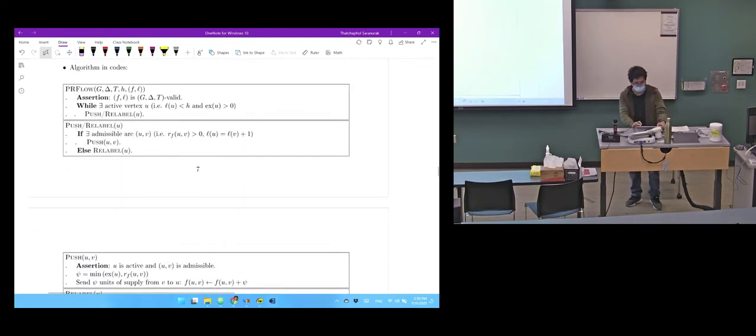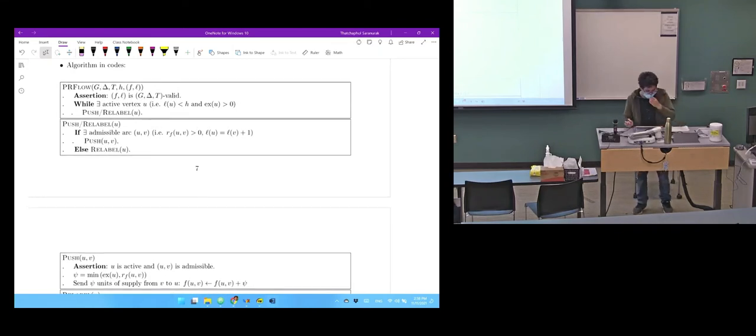Okay. So in pseudocode, it's just here. This is the main algorithm. It's given a graph, source, sink, and parameter h. And you actually can give F and L as an input too, as long as you make sure that F and L are valid. What it does is just keep looking for an active node, a node with level lower than h that has some excess, and try to push or relabel.